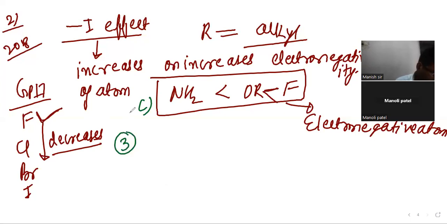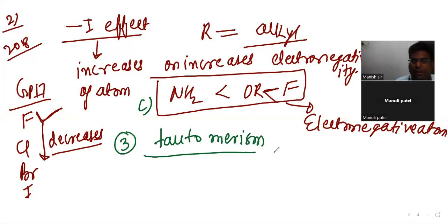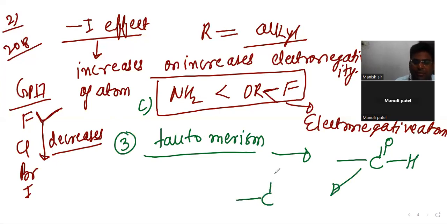Now see the third one. Which one of the following molecules can exhibit tautomerism? It is asking about tautomerism, so see what tautomerism is first. Tautomerism means when there is C=O with H, it can be shifted like this: C-O-H with the double bond here.